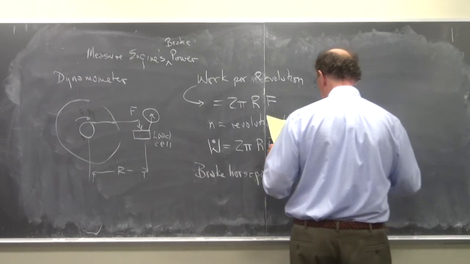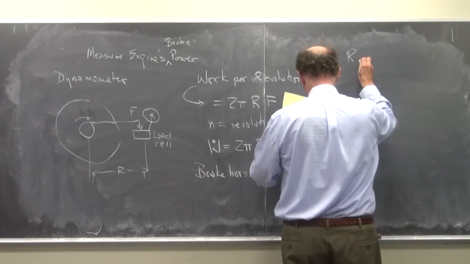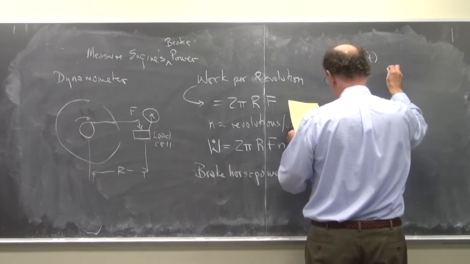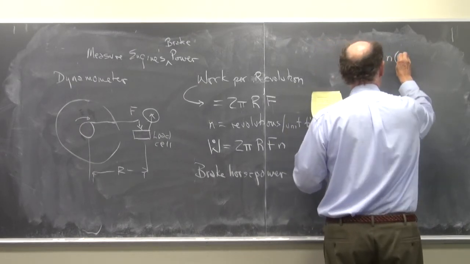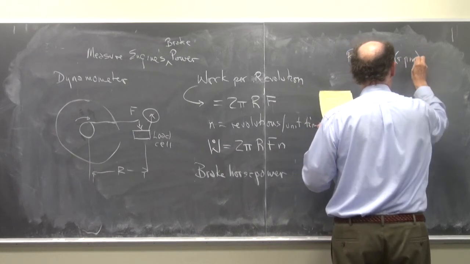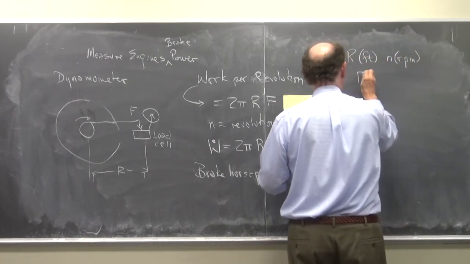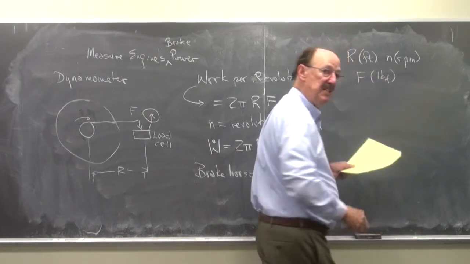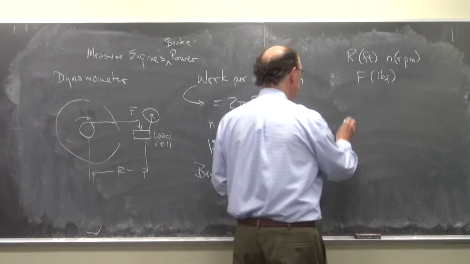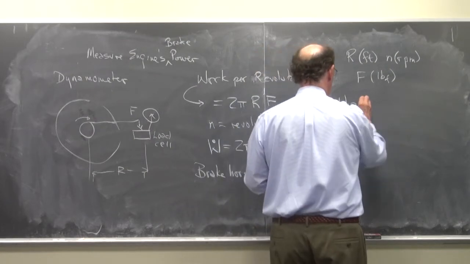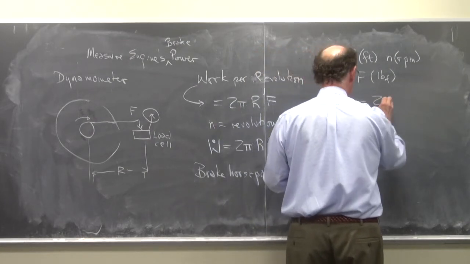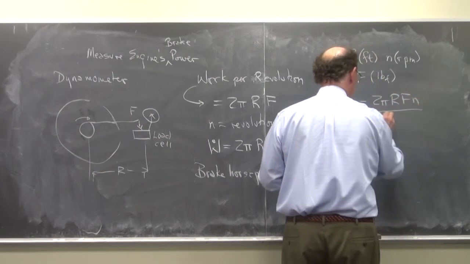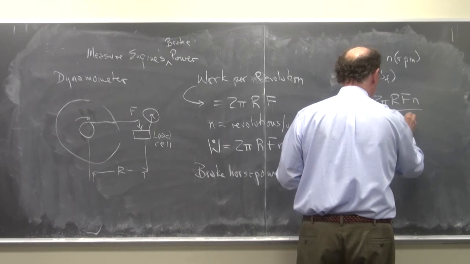So I'm going to have R measured in feet. N is RPM. And F is pounds force. So these are the units that I'm using. And then the brake horsepower is equal to 2 pi R F N divided by 33,000.